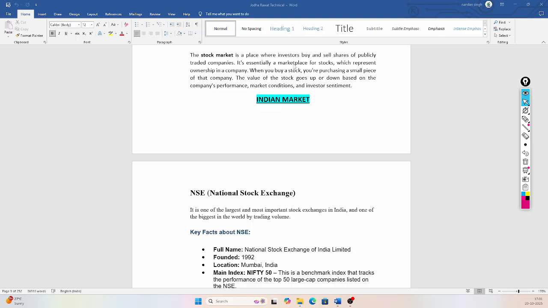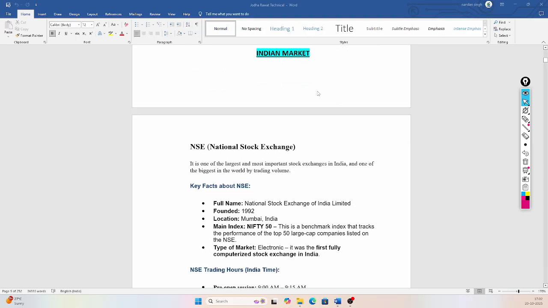It is essentially a marketplace for stocks, which represent ownership in a company. When you buy a stock, you are purchasing a small piece of that company. The value of the stock goes up or down, like bullish and bearish, based on the company's performance, market conditions, and investor sentiment.